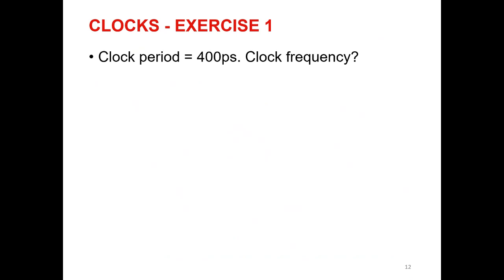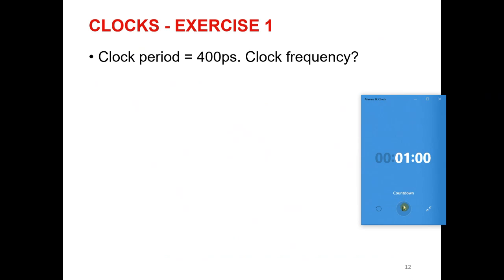So now I have an exercise for you. It's very simple. I will post a link to a form. I give you 1 minute. I would like you to calculate a clock frequency when I have a clock period of 400 picoseconds.